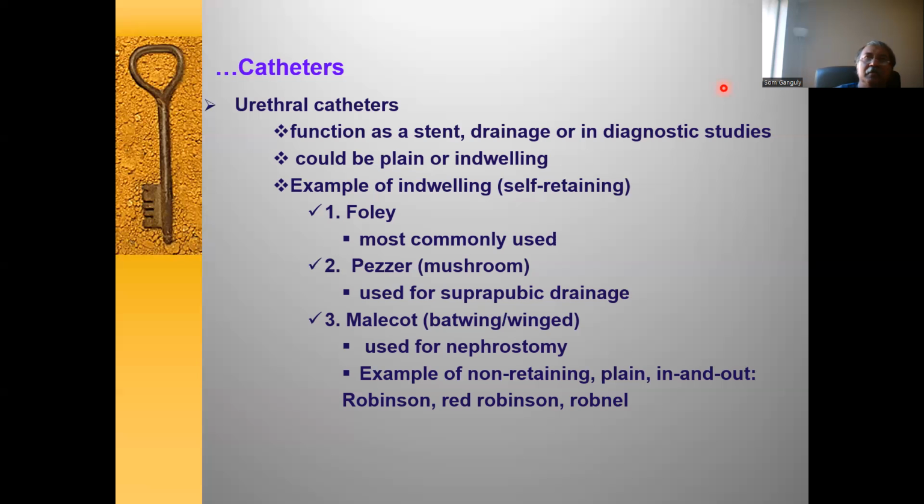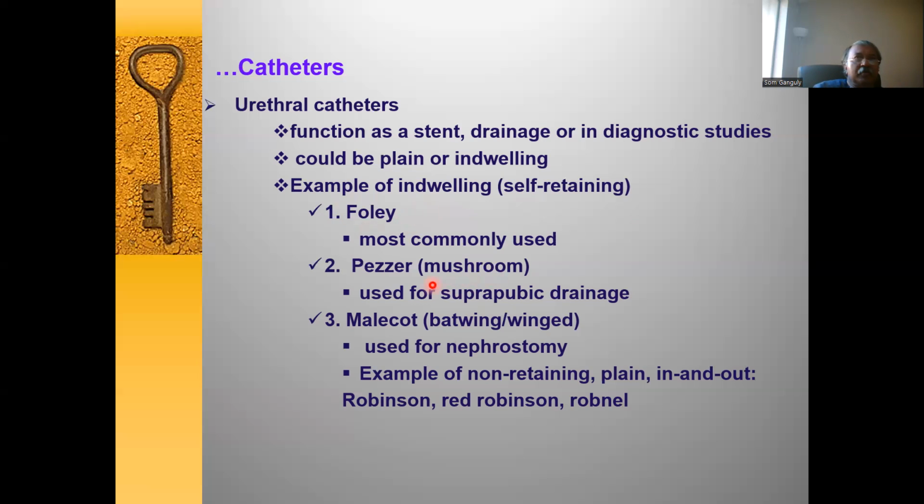Indwelling catheters are self-retaining. If you put in this Foley catheter, you can inflate the balloon of the Foley catheter with sterile water, and that balloon will keep the catheter inside the urinary bladder and drain it all the time.